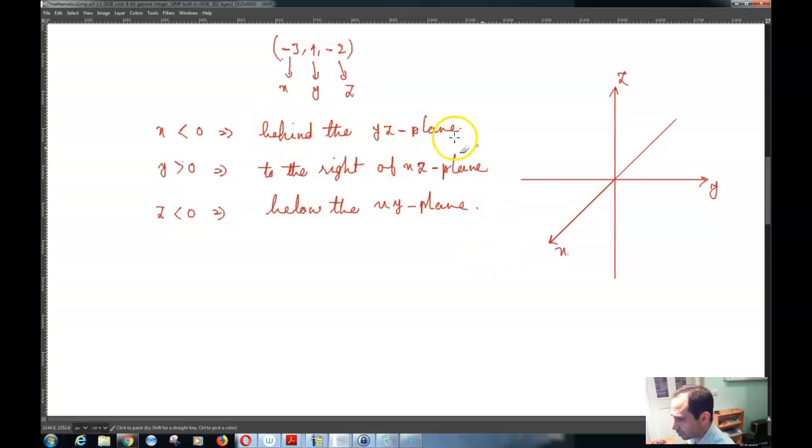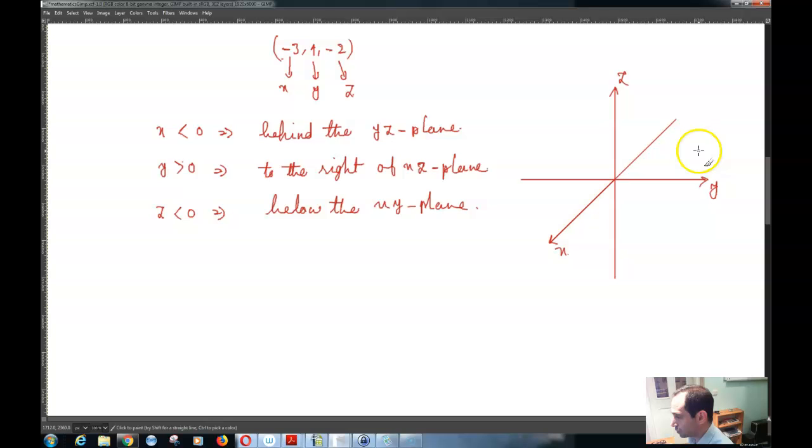So now you are behind the yz plane, to the right of the xz plane, and below the xy plane.